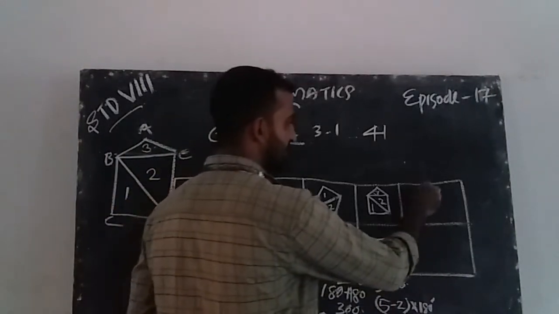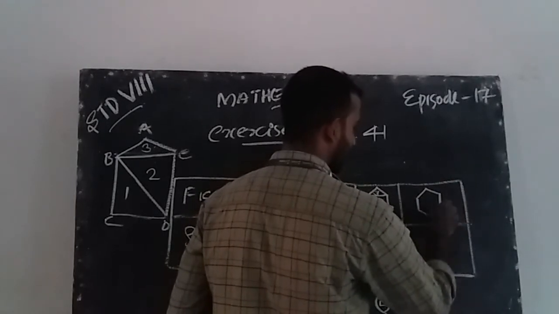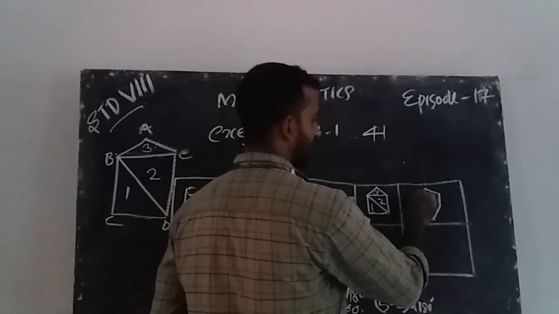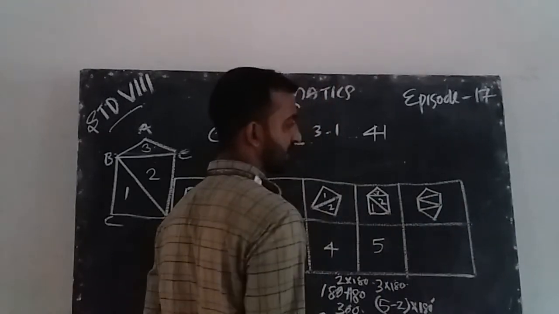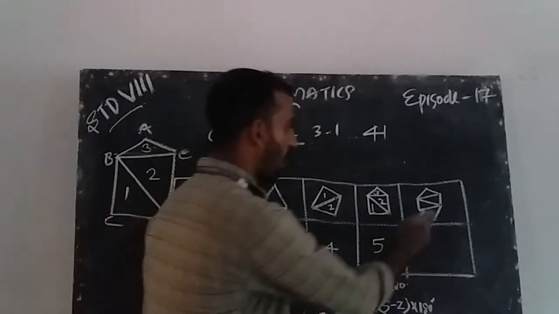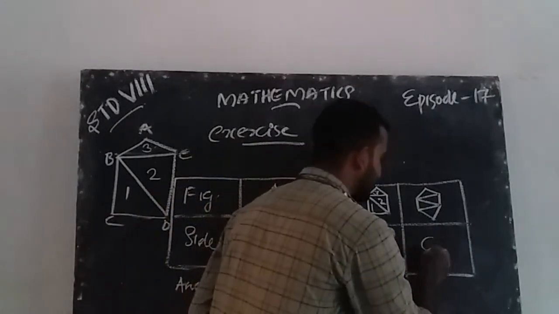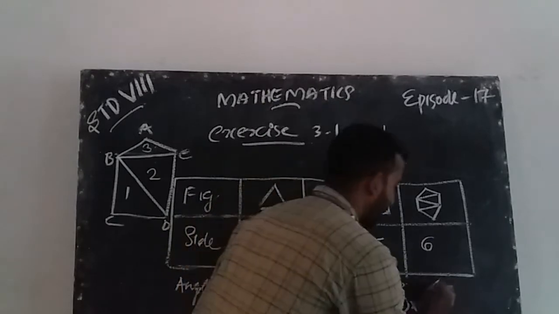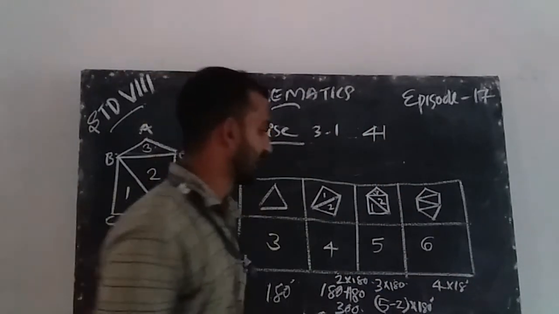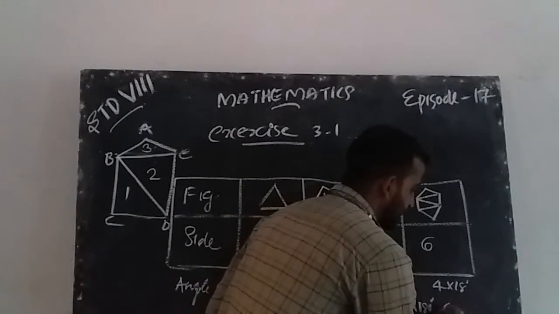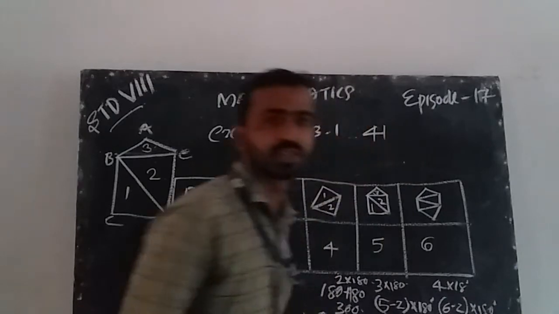Next is hexagon. How many triangles? 1, 2, 3, 4. Number of sides is 6. That is 4 into 180 degree. That is, 6 minus 2 into 180 degree we get.